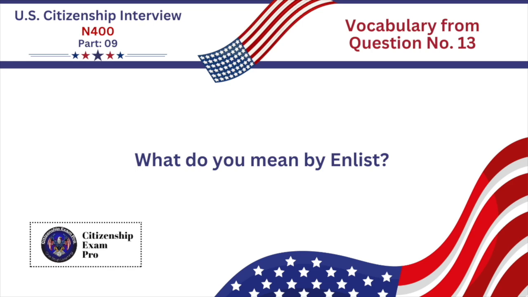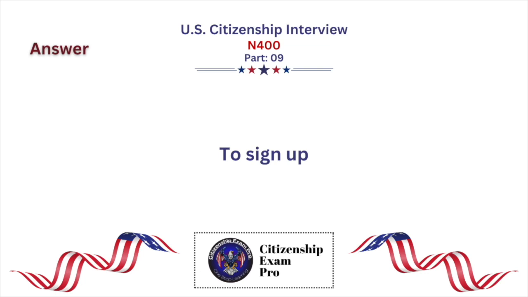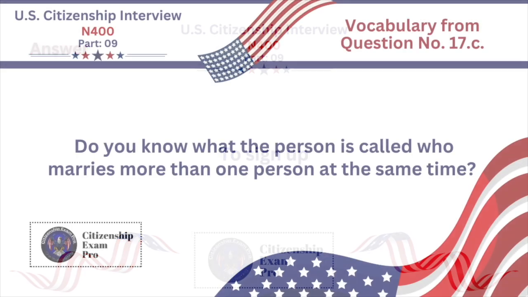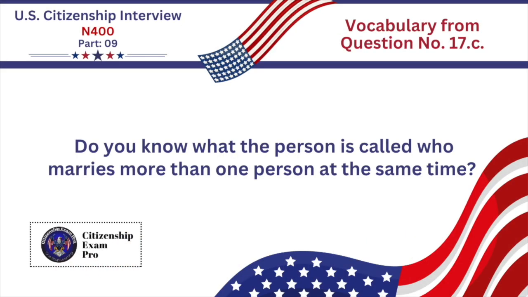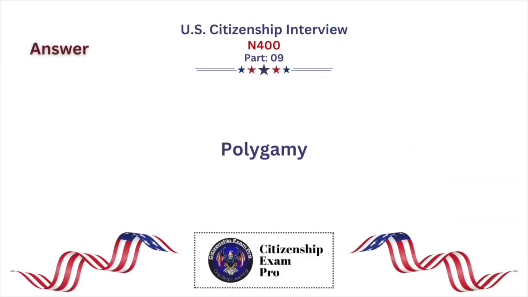What do you mean by enlist? To sign up. Do you know what the person is called who marries more than one person at the same time? Polygamy.